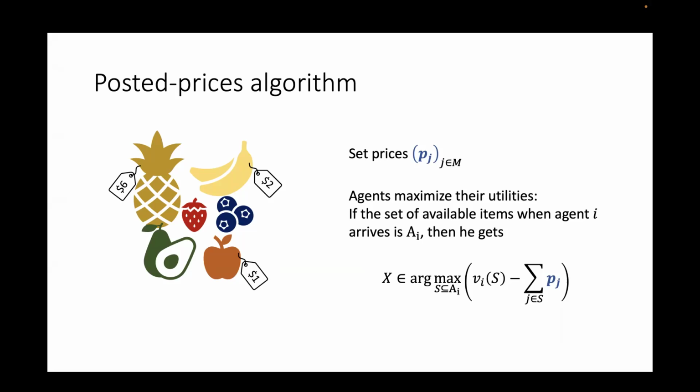So I just put some prices on each item. Whenever a person arrives, they look at what's available and choose what maximizes the utility. There could be ties, and we assume the agents break the ties adversarially. We only assume that the set they pick maximizes the utility.